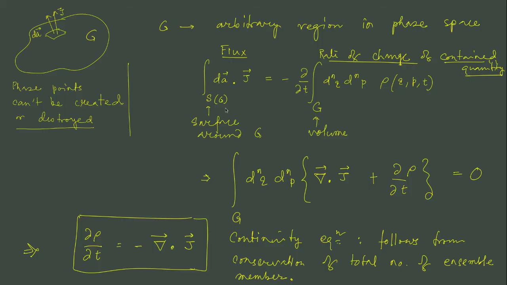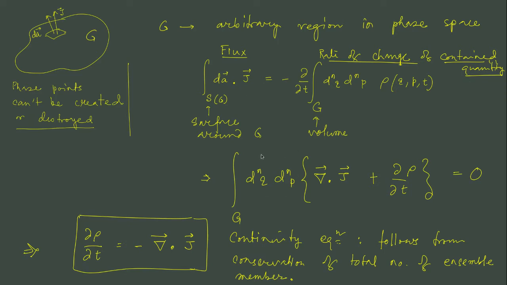This is why the conservation of points leads us to the following principle: the flux must be equal to the rate of change of whatever we have inside, with a negative sign, of course. Now, the left hand side, the surface integral of J, can easily be converted to a volume integral using the divergence theorem.